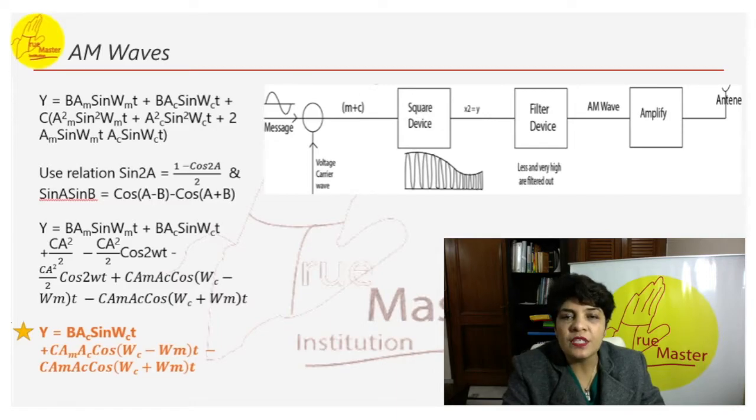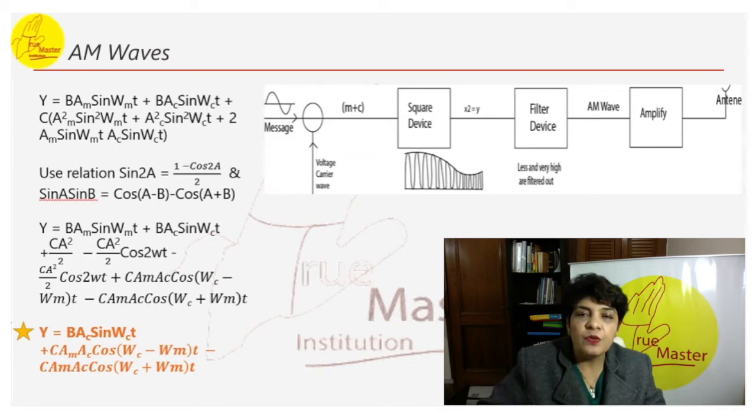If we use sine a into sine b, that is sine wmt and sine wct, we get this cos sequence here. Okay. And eventually we get this final part, which is the AM wave mathematical equation.